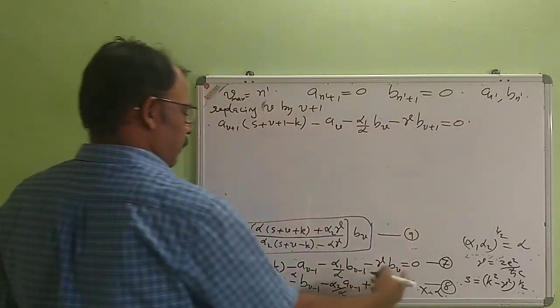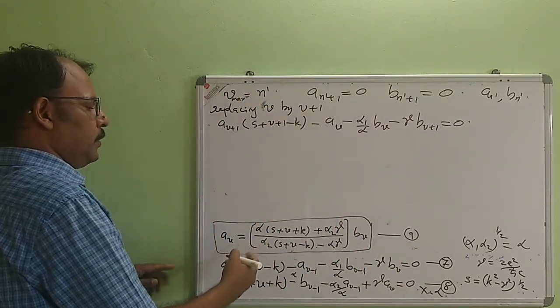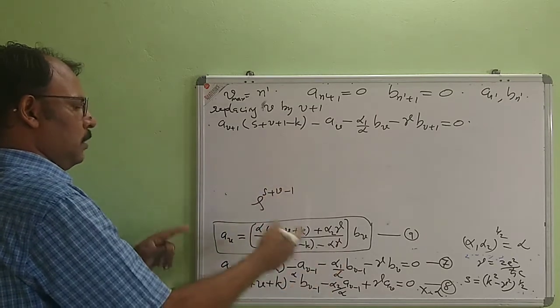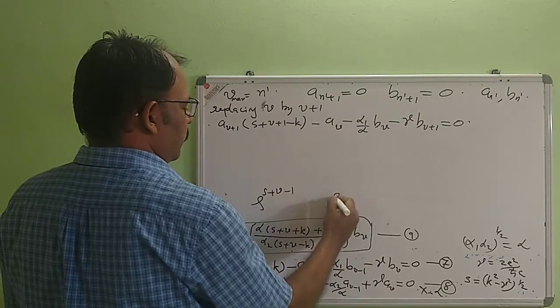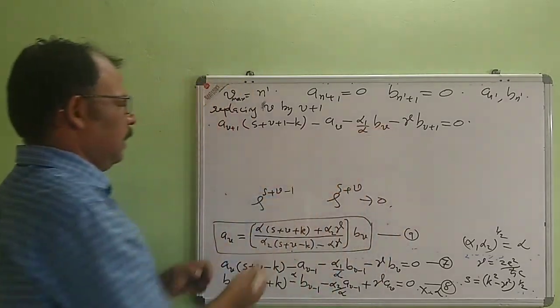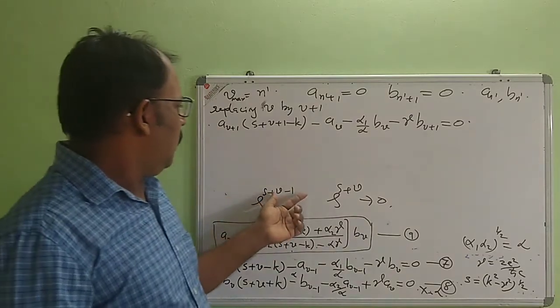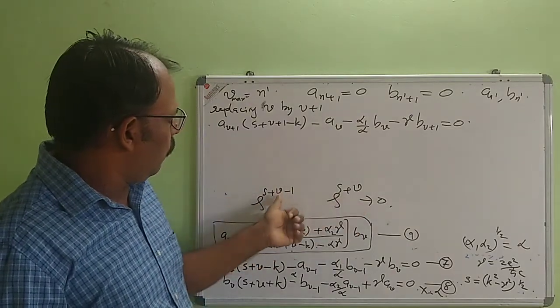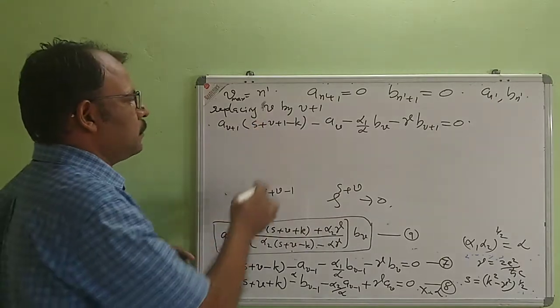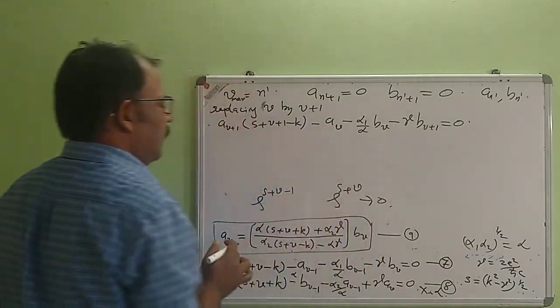Here, this term we obtained by equating the coefficient of rho raised to s plus v minus 1 to 0. Instead of that, you equate the coefficient of rho raised to s plus v to 0. Then you will get an equation like this. That is, replace v minus 1 by v, or v by v plus 1.